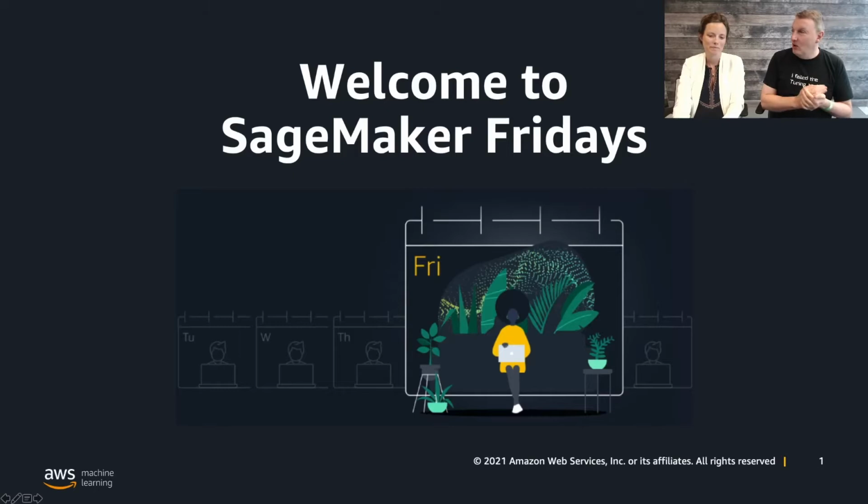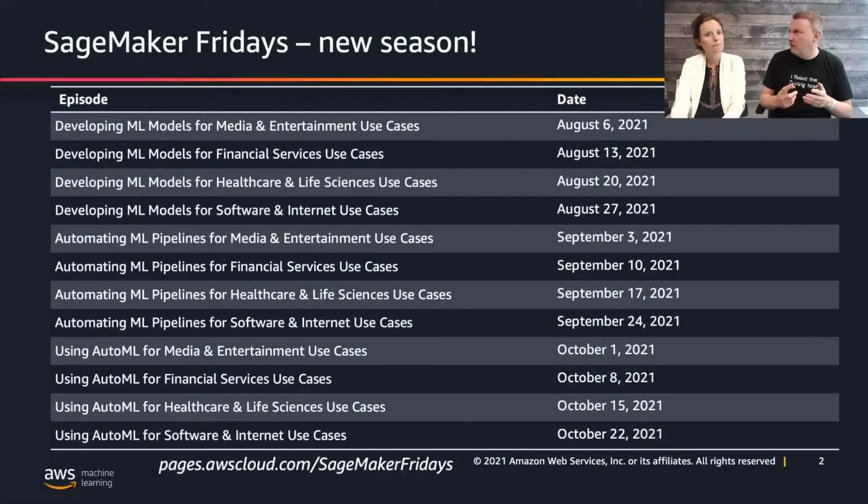So, Sego, what are we doing today? Last week and the week before, we covered recommendation and fraud detection, and I think today we are zooming in a little bit on healthcare and life sciences. Yes, and this week we are going to work on classifying medical images in order to detect cancerous cells.